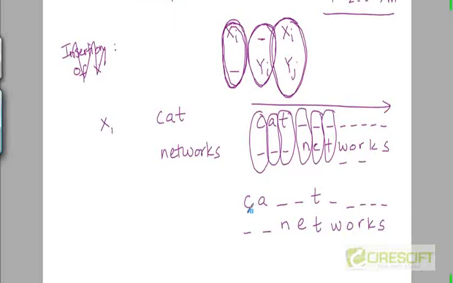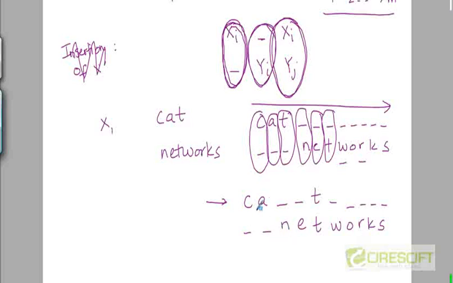So how do I align? How do I draw this kind of a picture where, note that in this row you need to have CAT, but interspersed with some blanks if you have a deletion operation. And likewise, you need to have the second string here, but interspersed with some blanks.